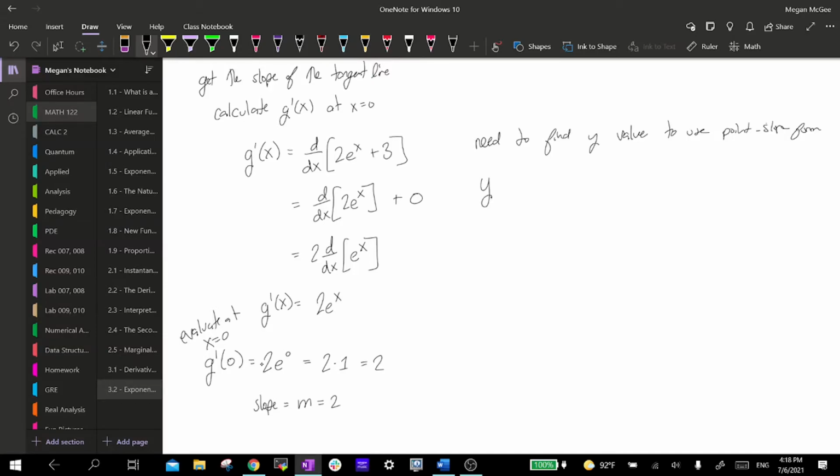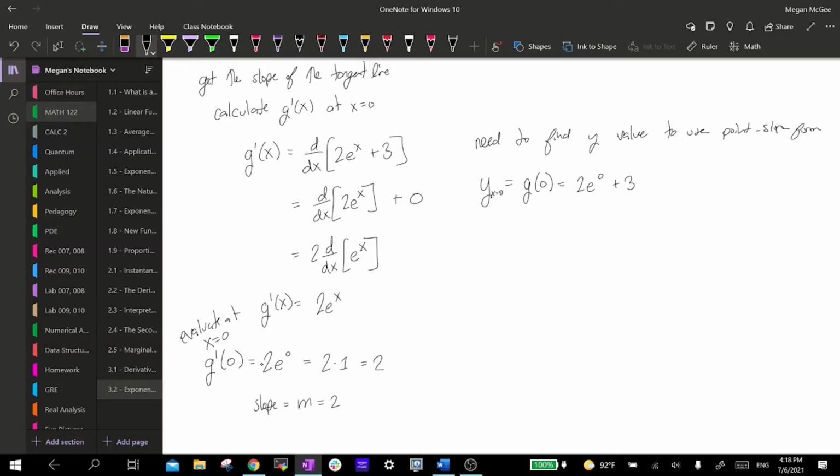So y, I'll say y when x is 0, little quantifier there, is equal to g of 0. So this is our original function, not our derivative. Our original function, which was 2e to the x plus 3. So here we have 2e to the 0 plus 3.